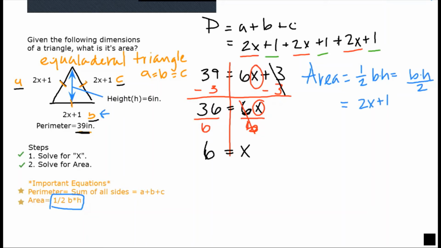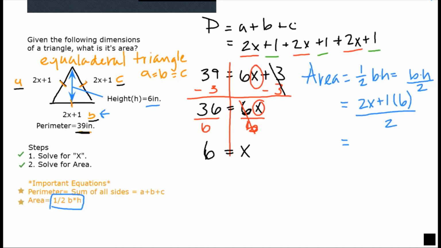And our height is simply 6 divided by 2. Now we can reduce this fraction or reduce this problem.